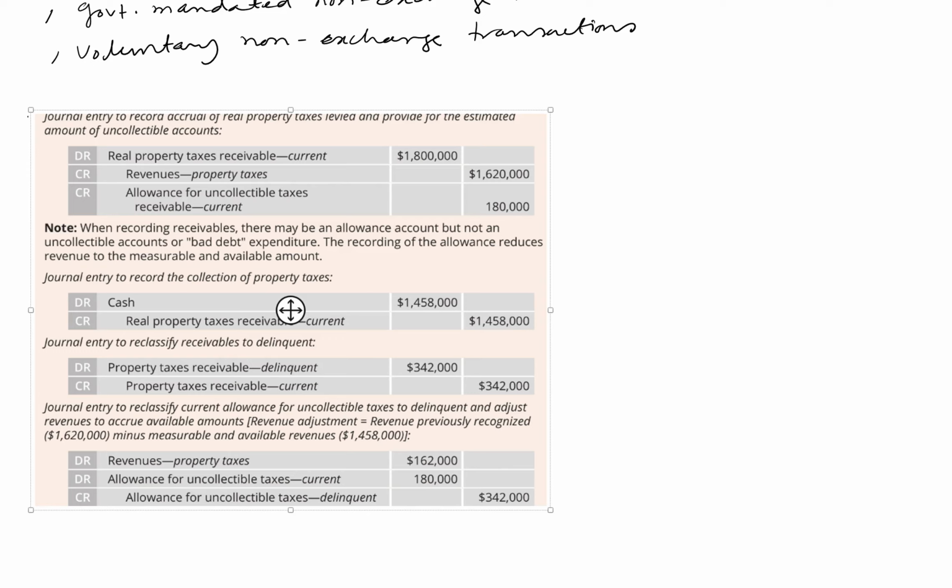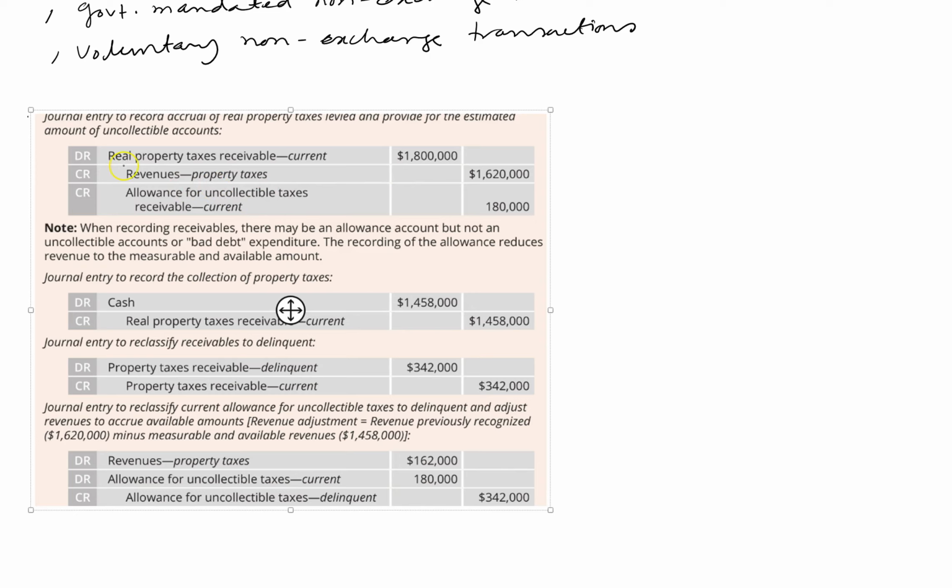So basically property tax will be recorded when it is billed, so initially it will be shown as tax receivables. For this year, a governmental entity estimated $1,800,000 property tax that they are going to collect.